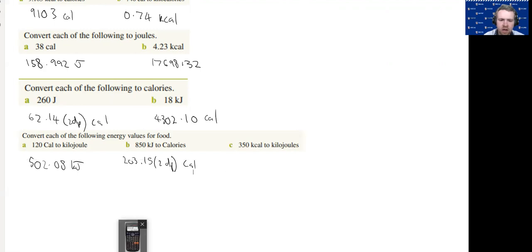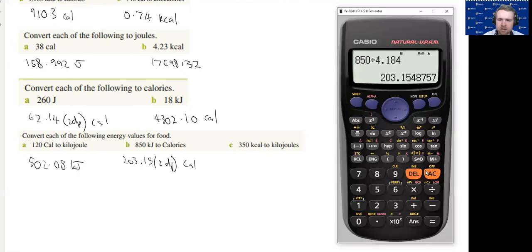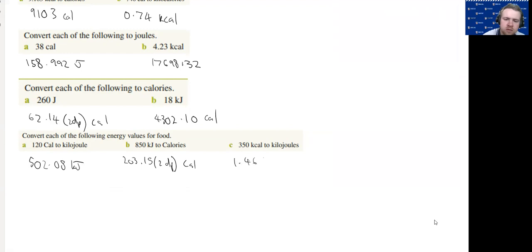So if we make this an uppercase calorie, then it's going to be 0.35, and then we need to multiply that by 4.184 to get to kilojoules. So 1.4644 kilojoules as such.